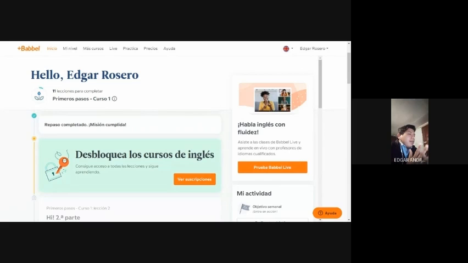Okay, teacher, one moment. After registering and getting to know the functions of the Babbel application, first we choose which work we want to do. For example, we are going to choose the practice.